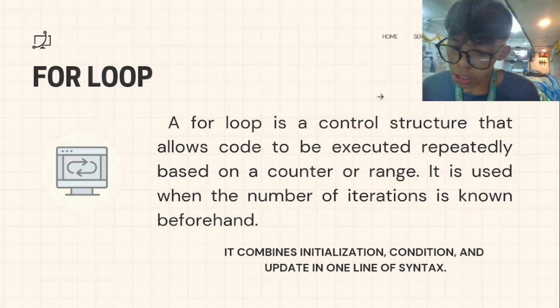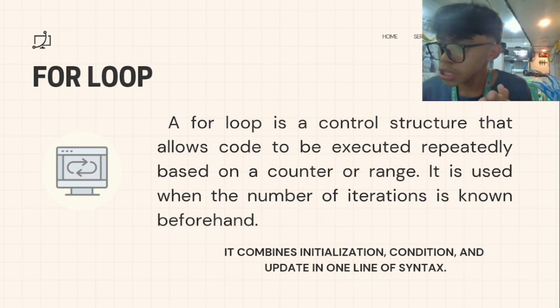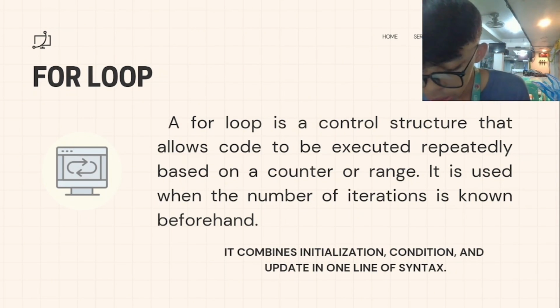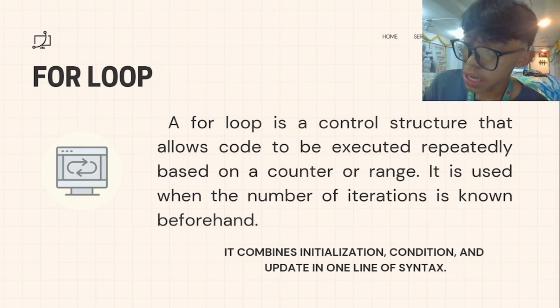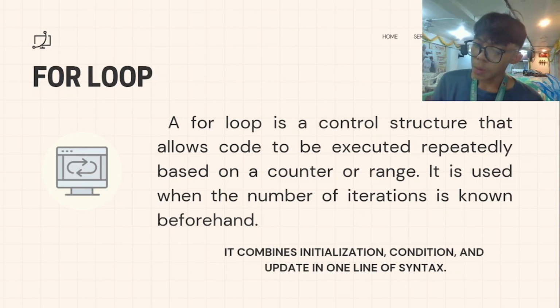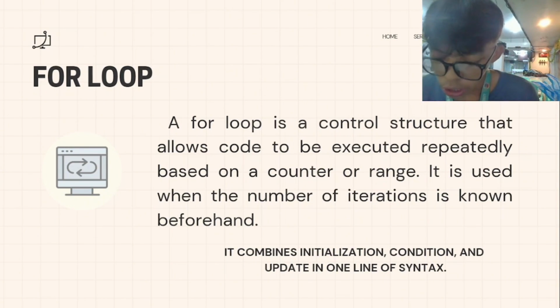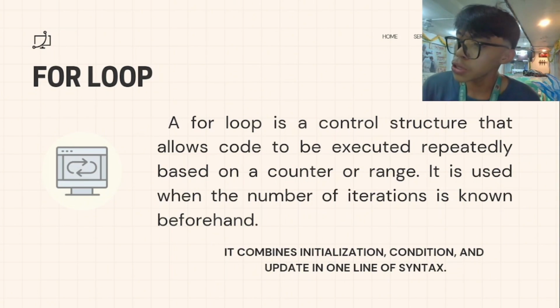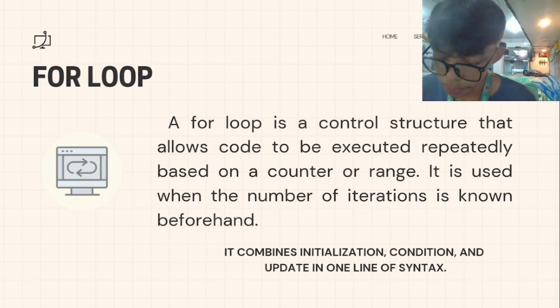So it has three parts in one line, which we call initialization, condition, and update. Initialization is where the counter starts. Condition is when to stop. Update is how the counter changes each time.